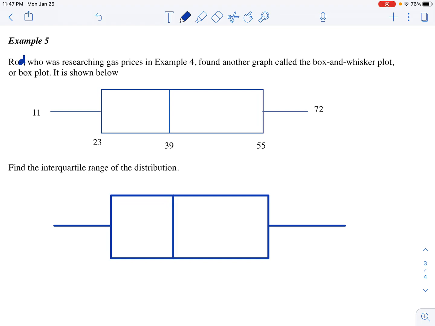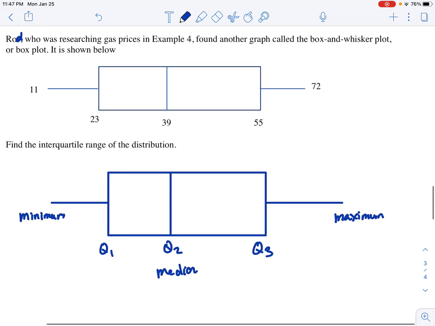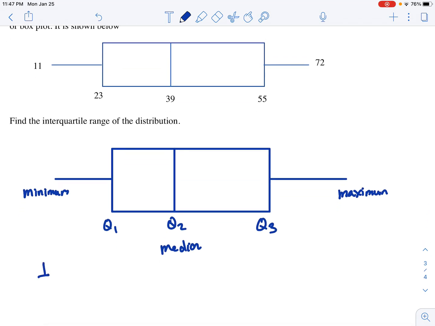Over here we have the minimum. This is our Q1. This is our Q2, which is the median. Q3. And then we have our maximum. Our IQR is Q3 minus Q1.